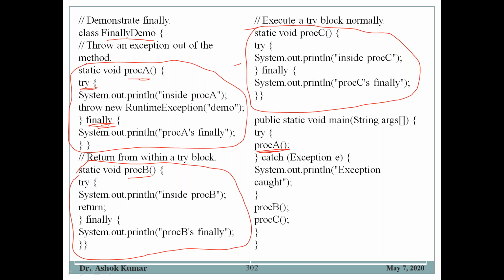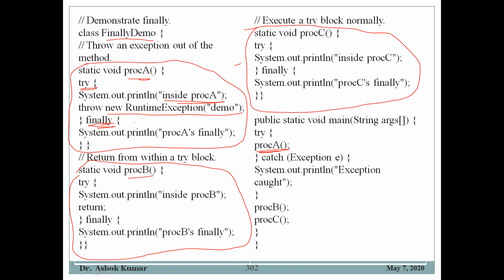When procA runs, it will give you this message inside procA. Then it will create the exception, new RuntimeException, and the exception will be thrown. When that exception is thrown, it will try to find the matching catch block.